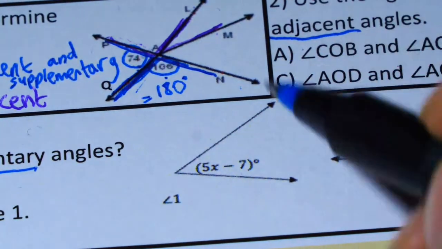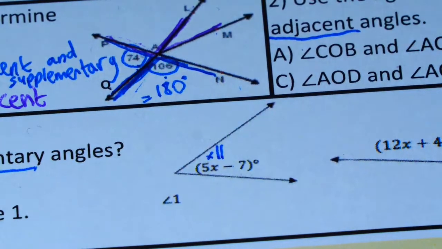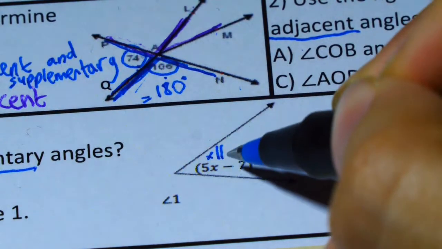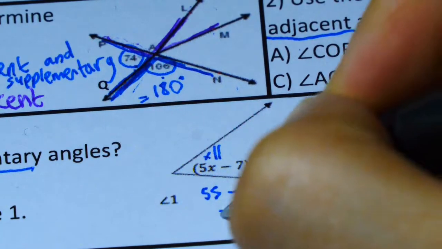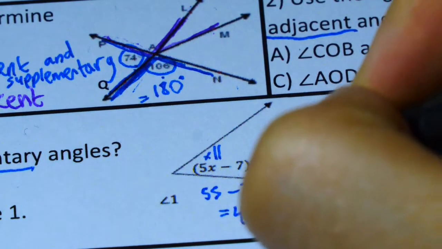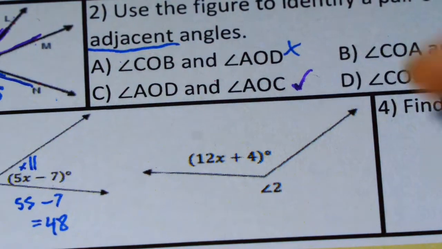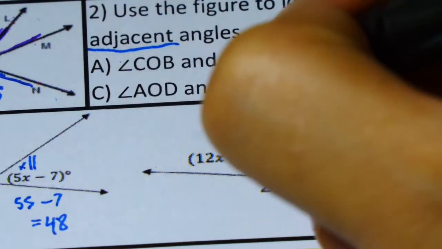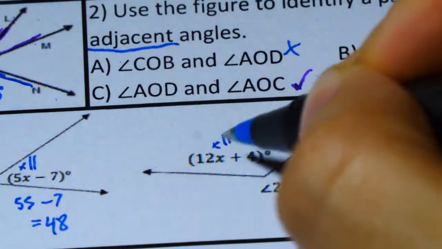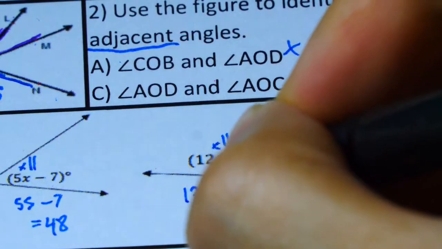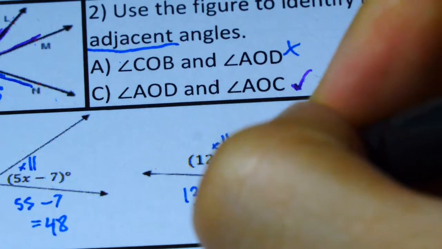So 5 times 11 minus 7. 5 times 11 is 55, minus 7 equals 48. And this angle here, 12x plus 4, so 12 times 11 plus 4. 12 times 11 is 132, plus 4 equals 136.